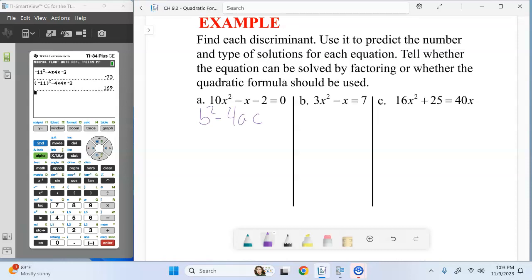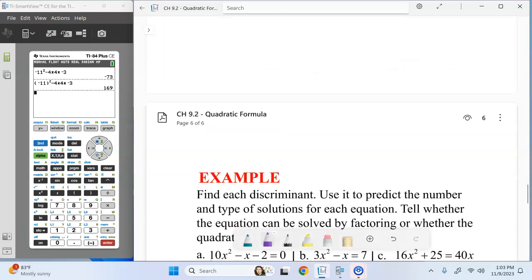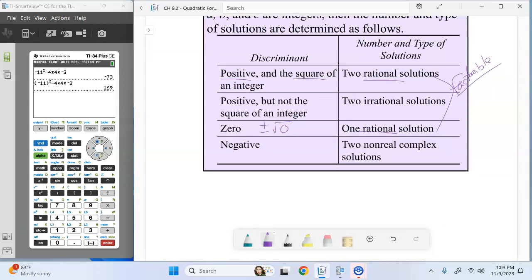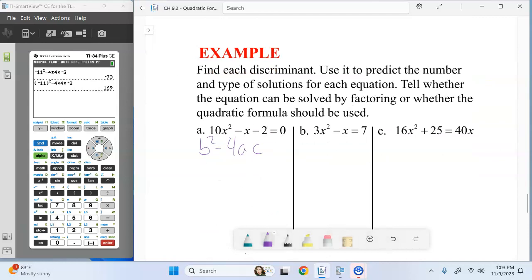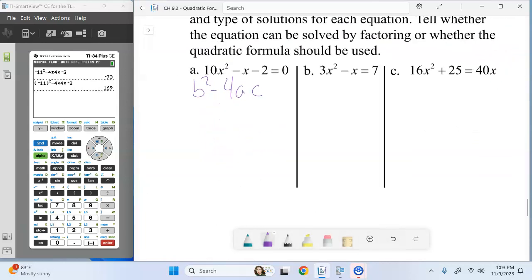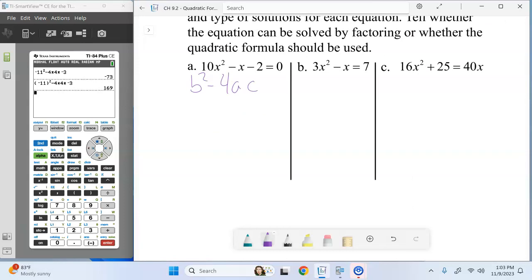That's it. It's the only math you have to do. If you're doing anything more than that, you are wasting your time. We just need to evaluate that part and then use the answer to determine which of these we have, and then determine whether or not we can factor it or whether we have to use the quadratic formula if we want to solve.